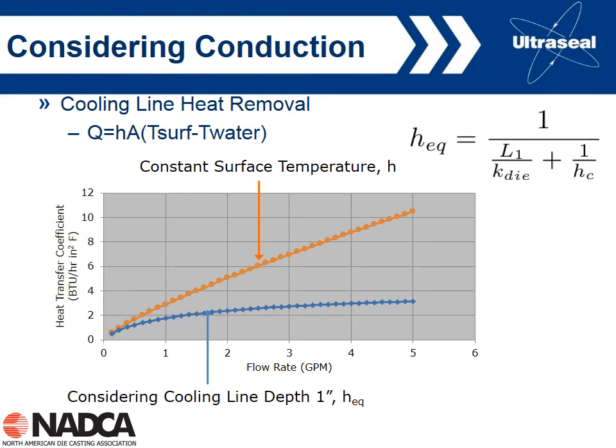You lose a tremendous amount of the heat transfer because you can't move the heat through the steel. So if I want to control die temperatures, I need to get the cooling lines as close as I can to the die surface. And in fact, there's been some NADCA research recently on the effect of moving die cooling lines closer to the die surface.